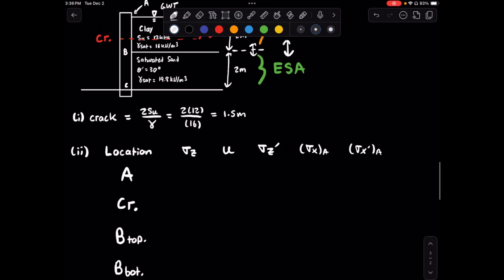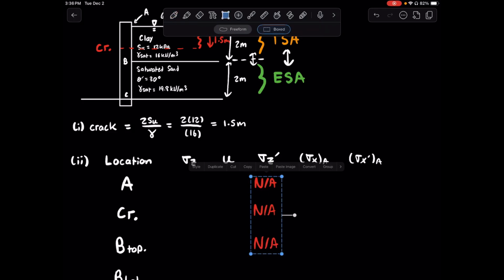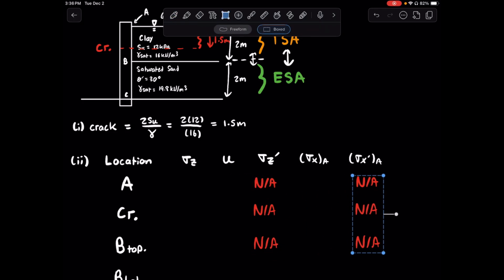So now we can think: TSA from A to B top. When there's TSA, we're not doing effective stress, so we're not going to have any effective horizontal stress either.